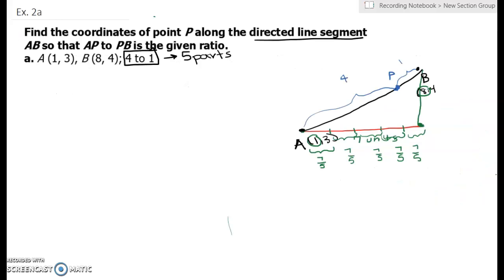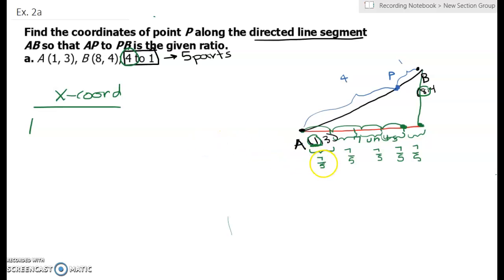All right, guys, I had to make this bigger so I could get the next stuff. All right, so when I look back here, my X starting point, so my X coordinate, I'm starting at 1. So 1, and I'm going right, I want 4 parts. So I'm going right, 1, 2, 3, 4 to right here.